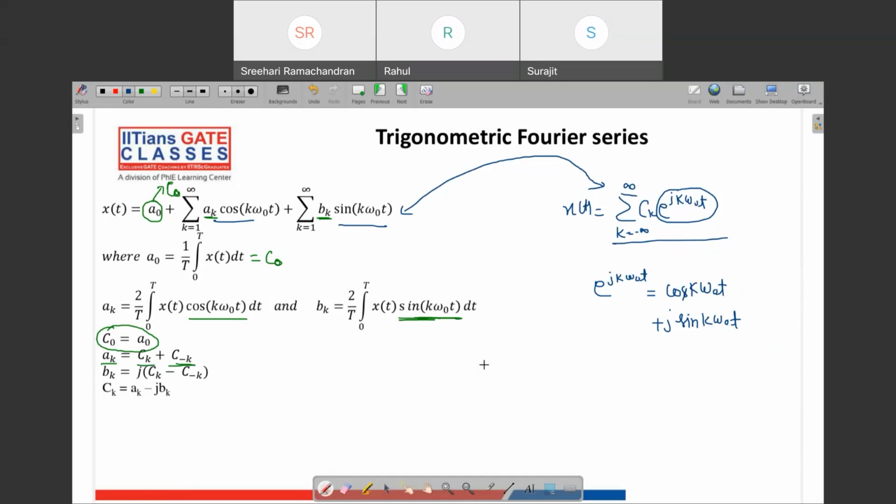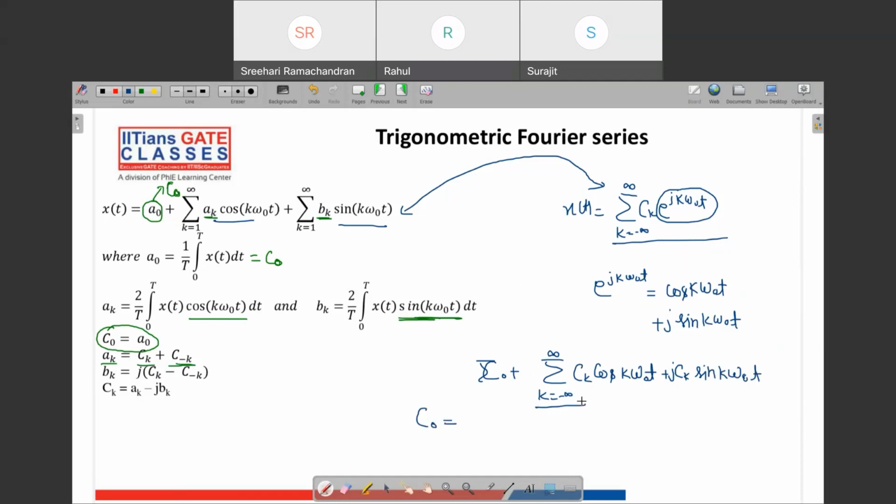So here it will be c0 plus summation k equal to minus infinity to infinity ck cos k omega naught t plus again ck into j sin k omega naught t. This thing you can divide into two parts.